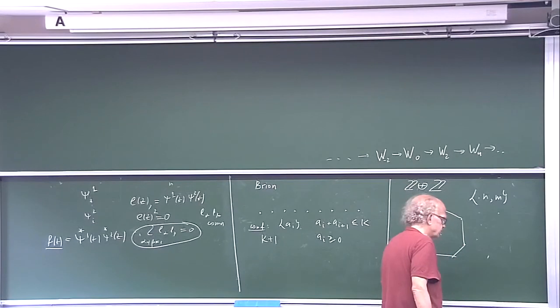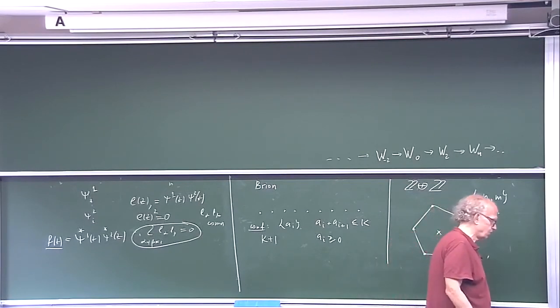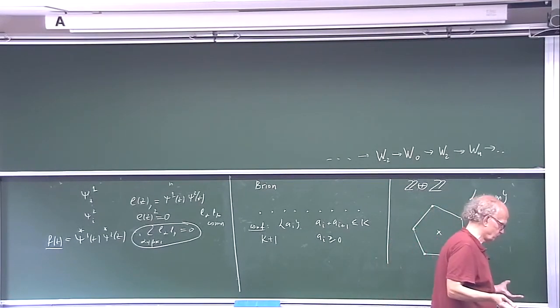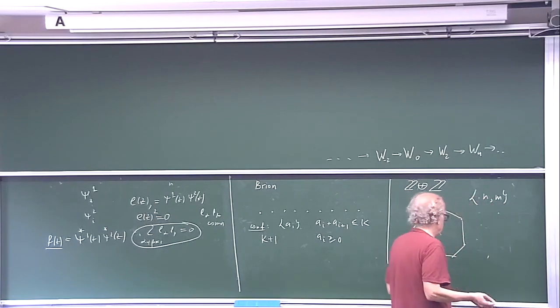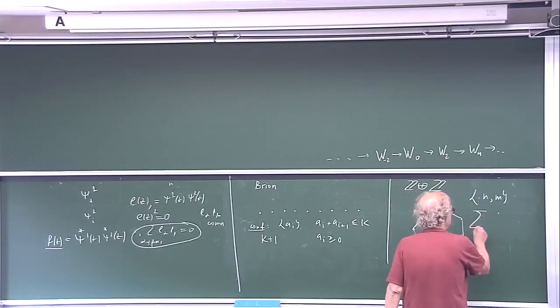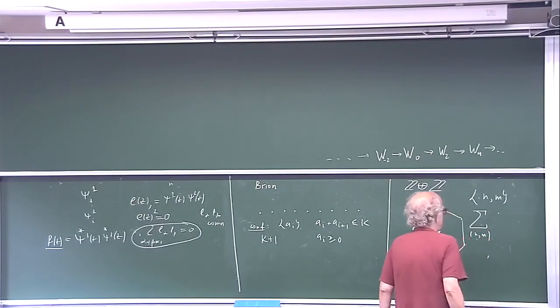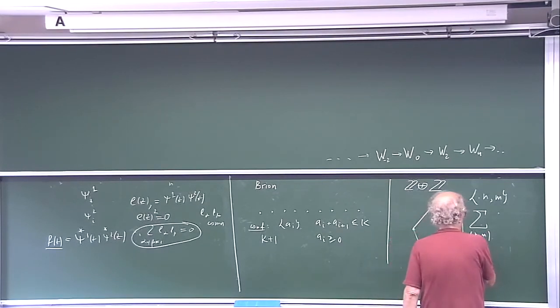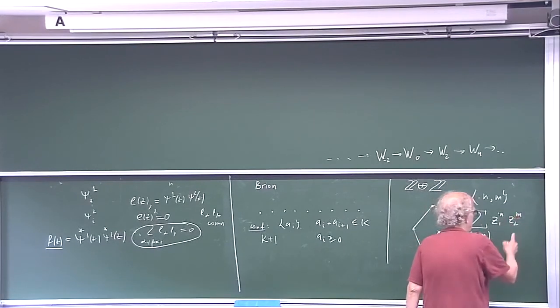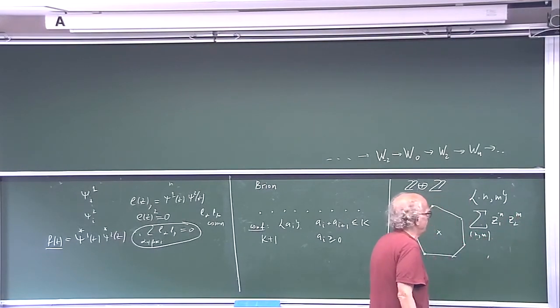The discrete integral, or character-like expression, will be the summation over all integer points, and I can write something like this: z1 to the n, z2 to the m, where z1, z2 are just variables or parameters.